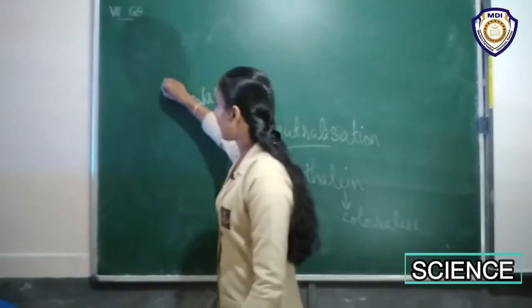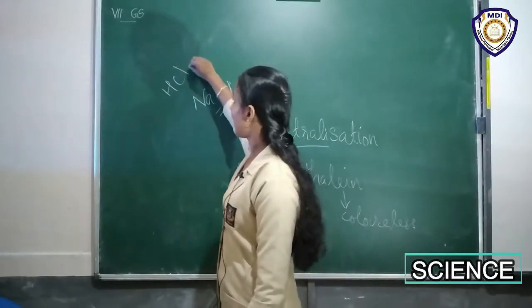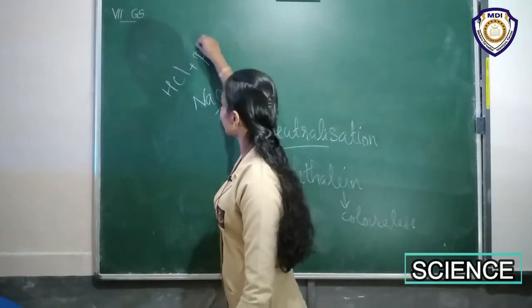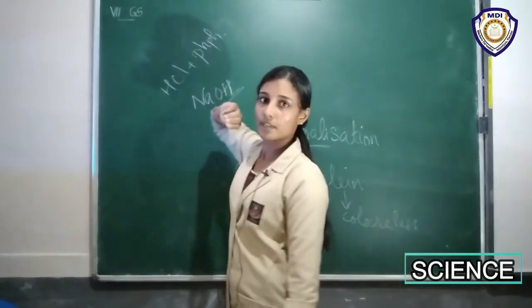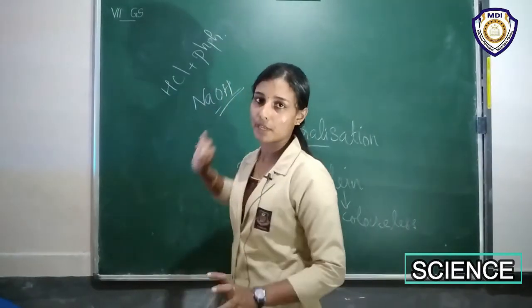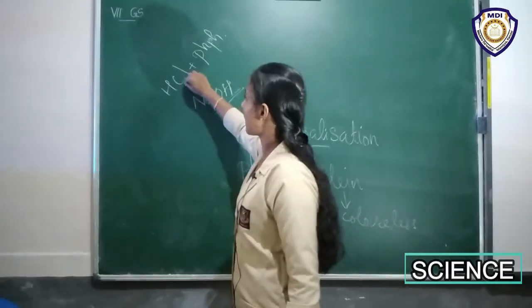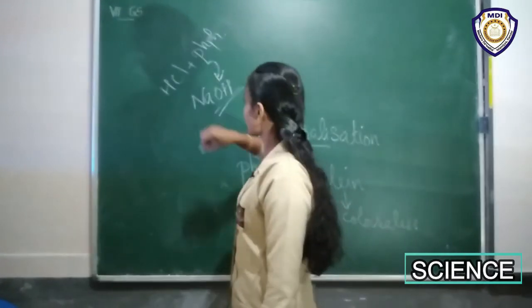That means at first we take HCl, then add 2-3 drops of phenolphthalein. We can represent phenolphthalein as pH, or just pH, okay? So HCl plus phenolphthalein, then we add NaOH, right?